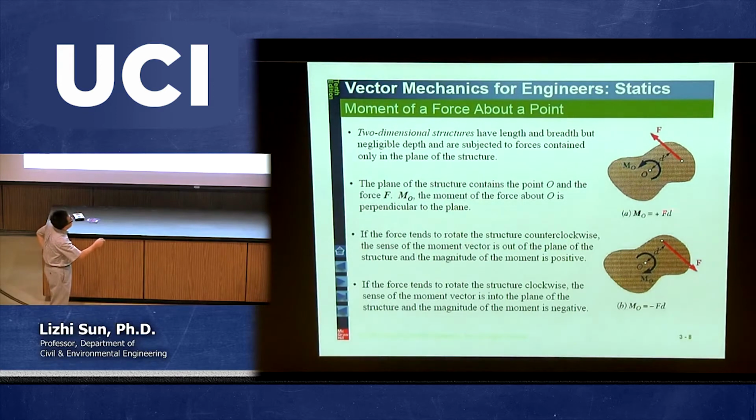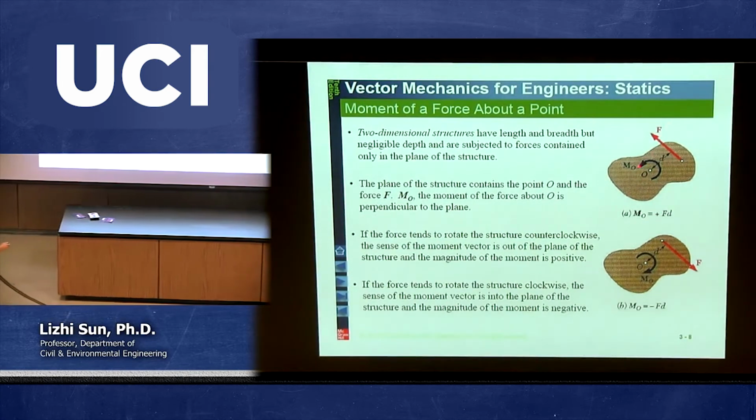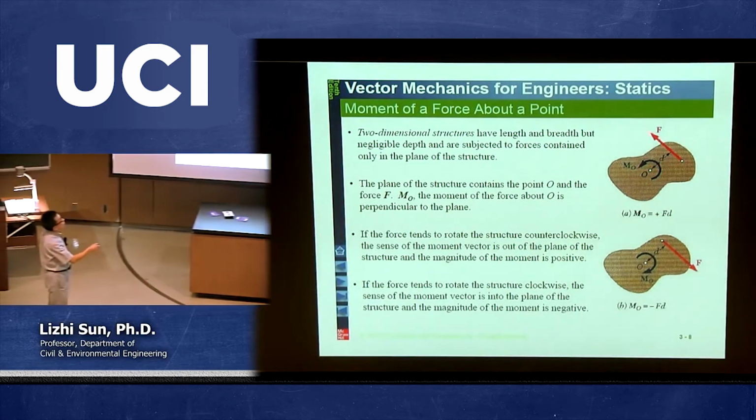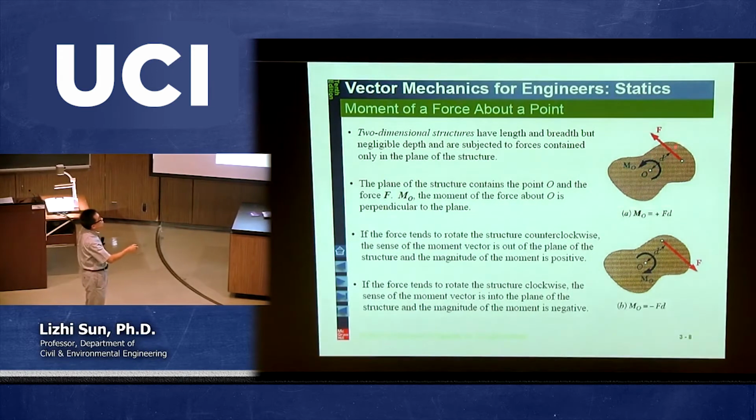The magnitude itself is always positive, but you just put another positive sign. So this one indicates the direction of the moment, because it's counterclockwise. And by definition, counterclockwise is positive. Okay? So that is the moment of a force about the point in our two-dimensional setting.